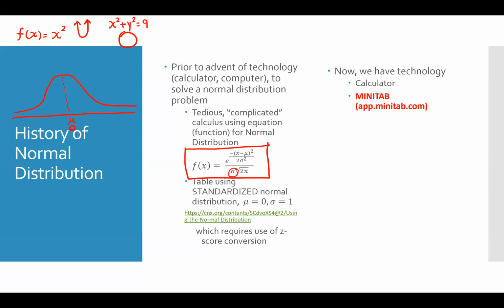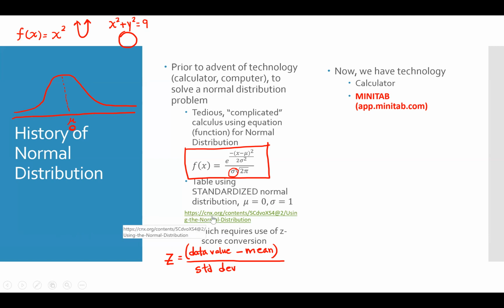They created a table that you could use regardless of what the actual mean value was and the standard deviation, because we would use what was called the z-score, where you take your data value minus the mean and divide it by the standard deviation so that you put it into this standardized scale. And then they would read the table instead of having to do those crazy calculations.